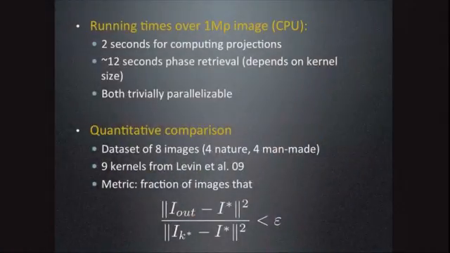Okay, some numbers. These numbers are for a 1 megapixel blurry image. It takes us about 2 seconds to compute all the f of theta, I mean, project the image onto the different orientations. Then 12 seconds we spent on the phase retrieval and the outer iteration. Lots of iterations there.